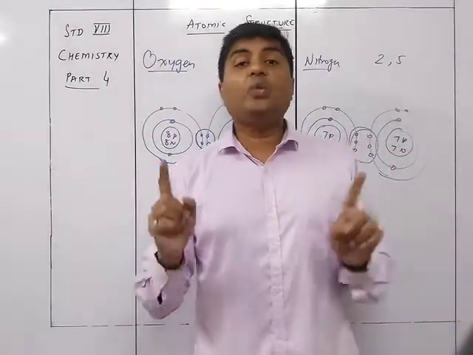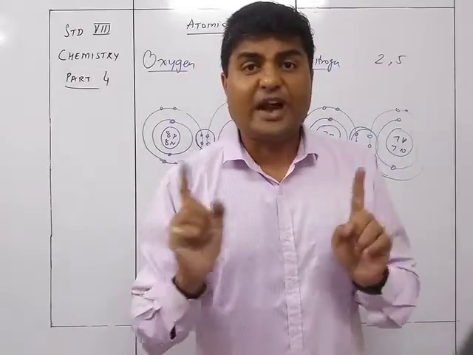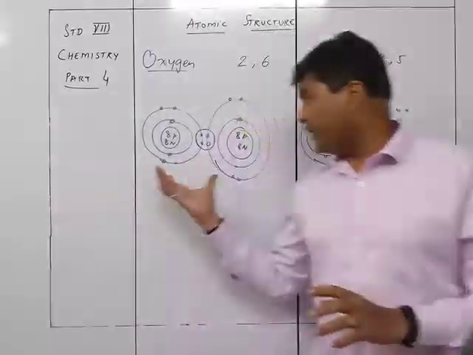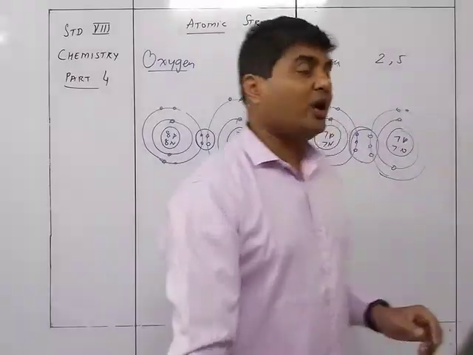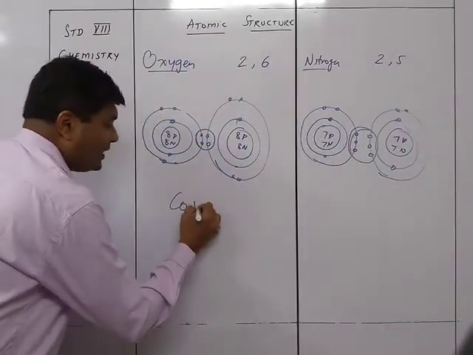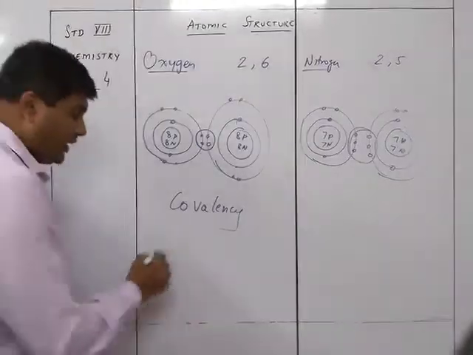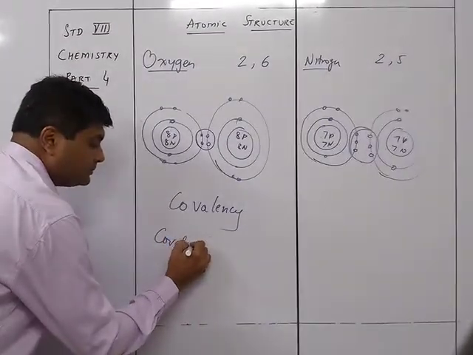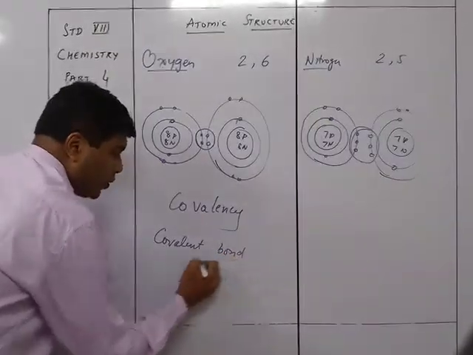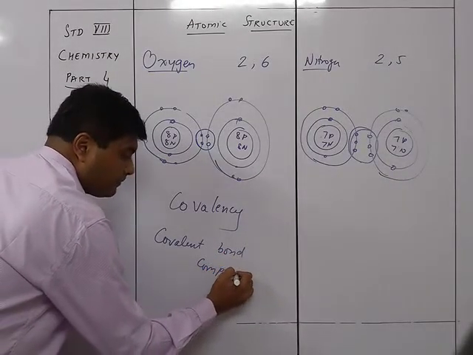atoms. And when the atoms are shared, the kind of bond what we get over here is called a covalent bond. It is a covalency. This is called covalency. And the bond formed is a covalent bond or covalent compound.